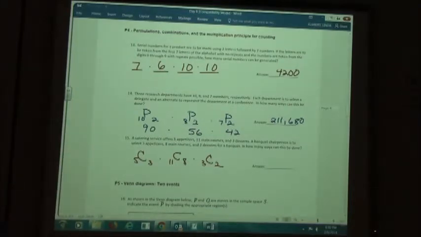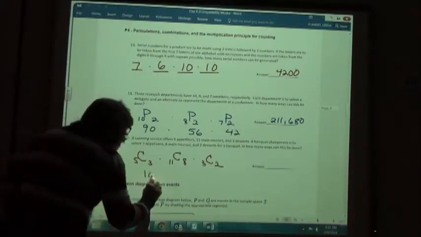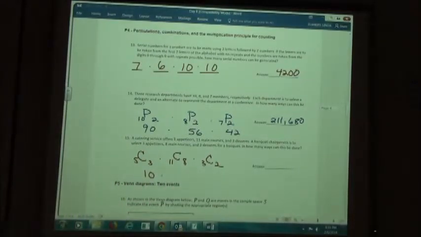So we're going to start by putting in the 5, hit the math button, do the probability, choice number 3 for combinations, and then 3, and what do we get there for the first number? 10. On the second one, we're going to do a combination of 11 things taken 8 at a time. 165.